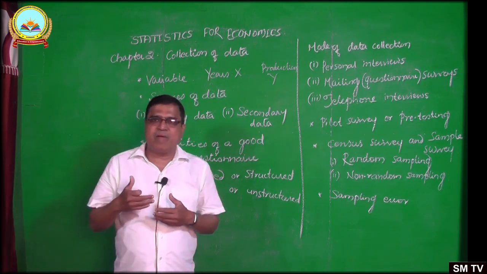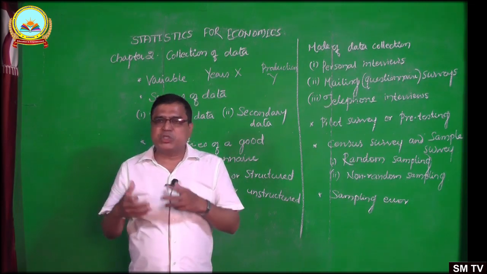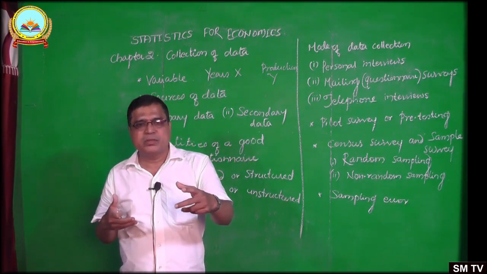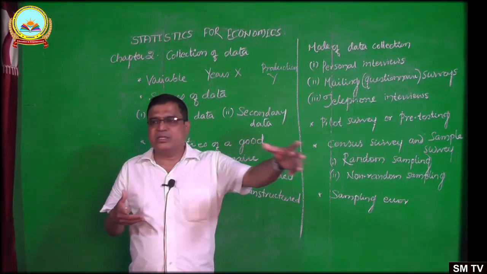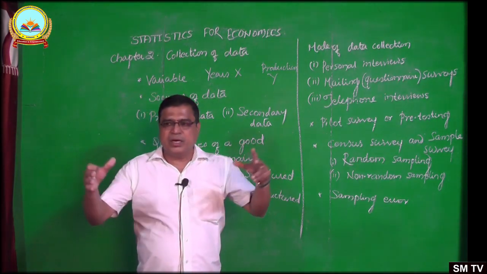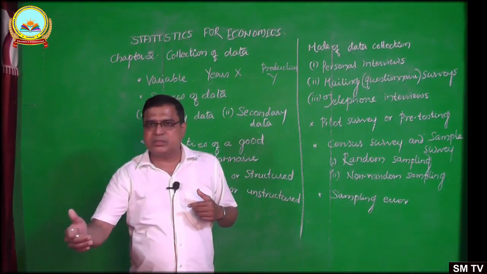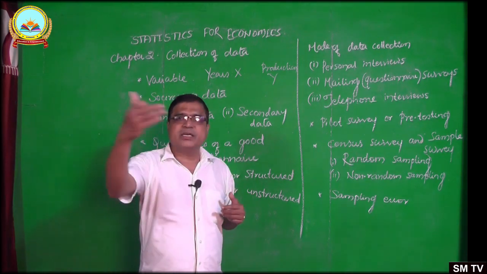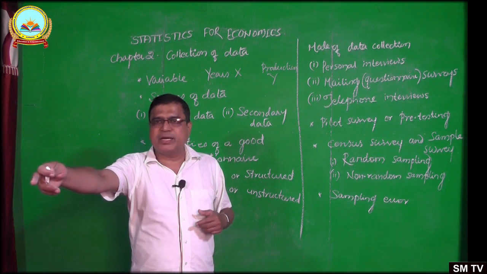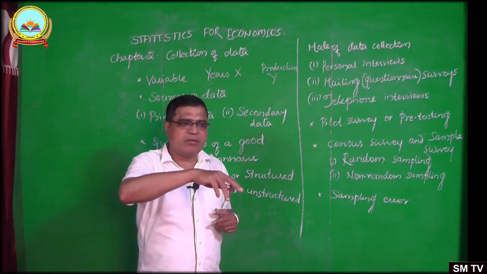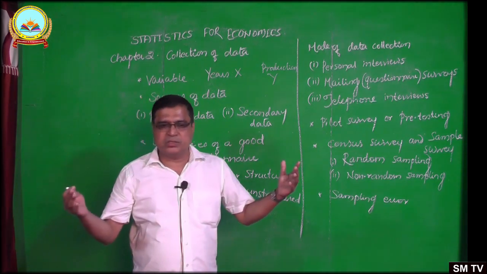For example, I want to know the marks scored by you students. This is a class where there are nearly 80 students, and I want to know the marks scored by the students in mathematics in the SSLC examination. Then one student has scored 100, one has scored 35, another student has scored 68, 75, like this.